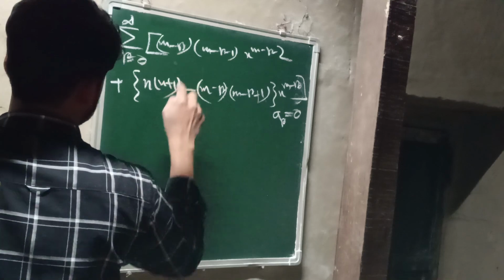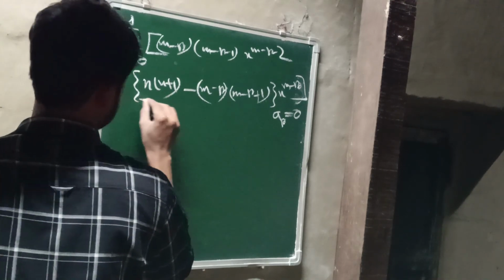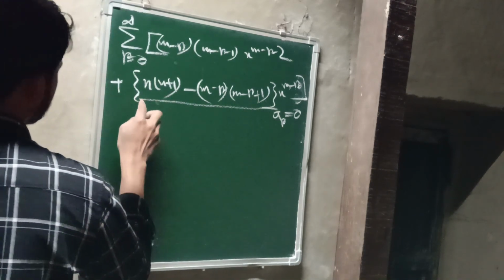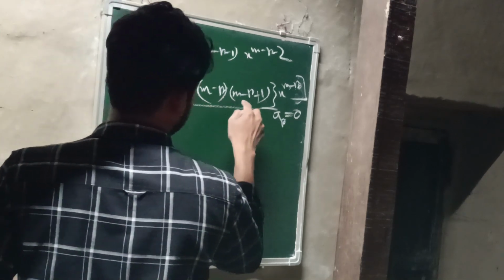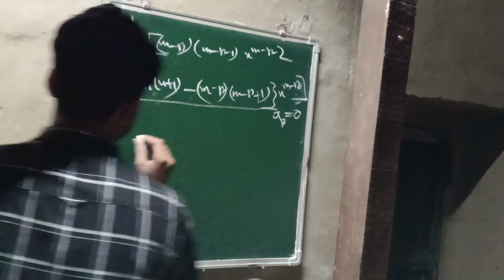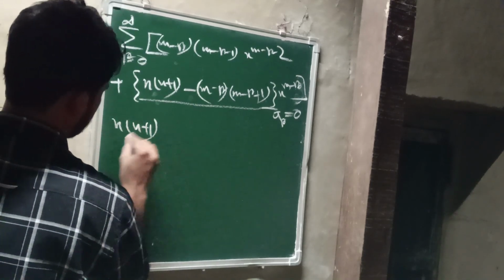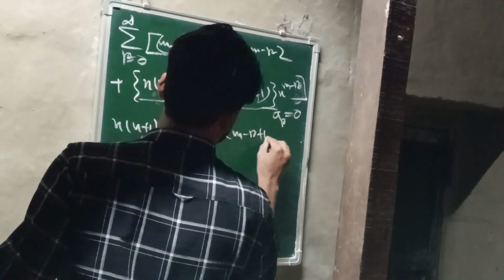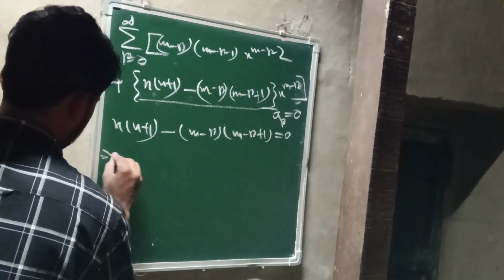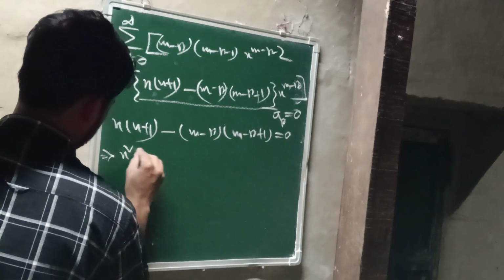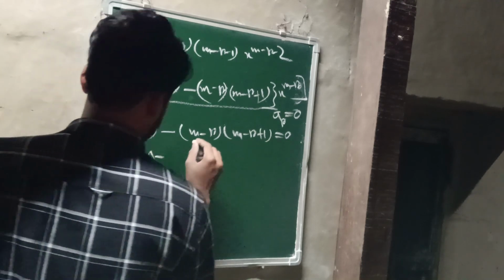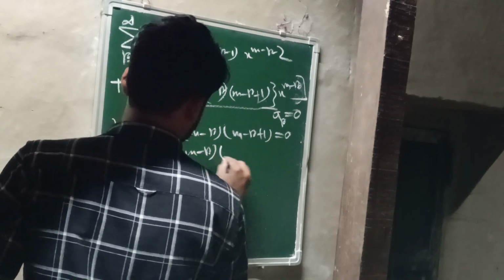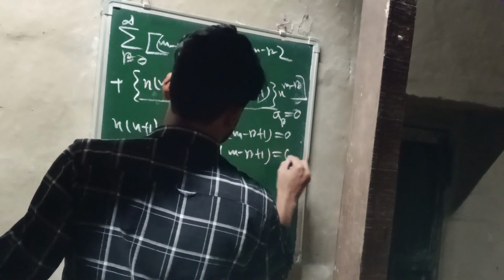Now equating to 0 the second summation, we get n into (n plus 1) minus (m minus r)(m minus r plus 1) equal 0.